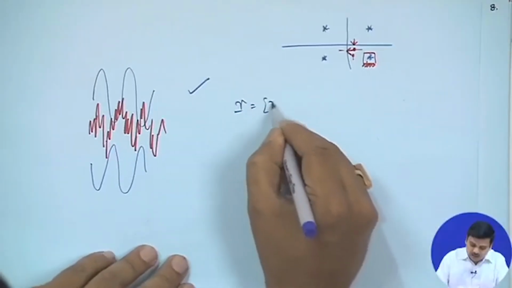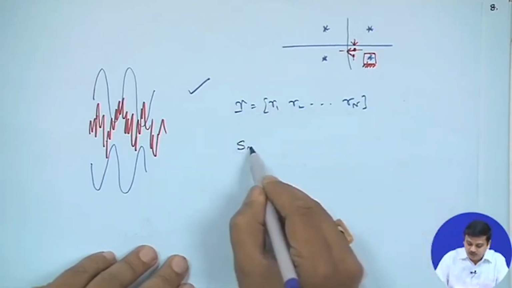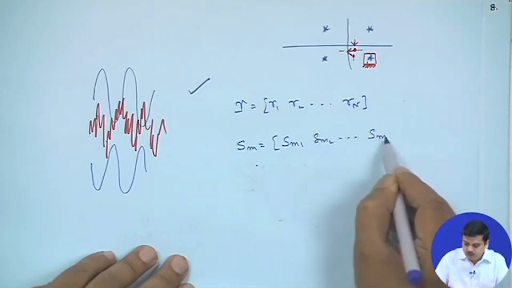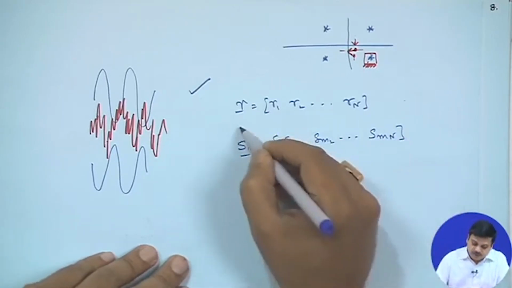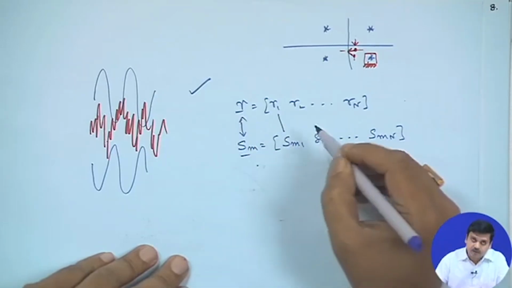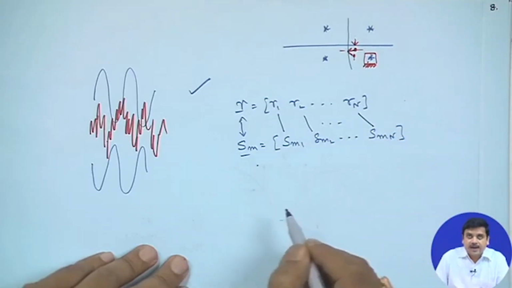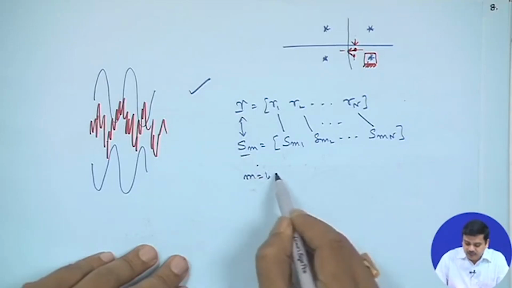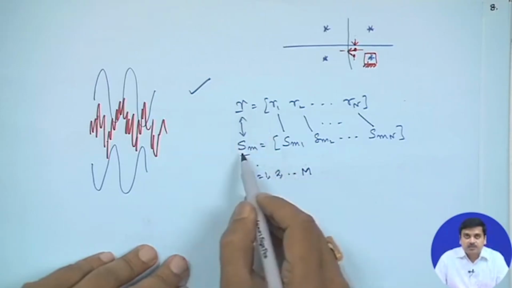You could think of the vector R as R1, R2, up to Rn, produced by the output of the matched filter or the correlator, and Sm as Sm1, Sm2 up to Smn, which are the components of the signal, already known. To calculate the distance between these two, take the difference, square it, take the difference, square it, up to all the terms, and add them together. You get the distance of this vector from this vector, and then you keep changing m equals 1, 2 up to capital M, and you choose that m which makes this distance minimum.